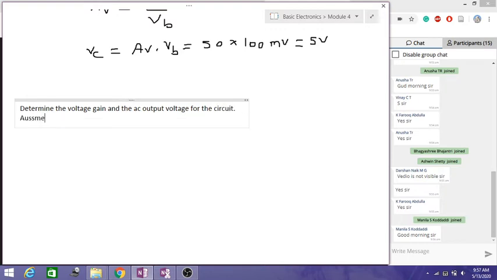Assume that RE dash is equal to 500 ohms. So RE dash is nothing but the internal resistance across the emitter. So that is the RE dash. So this is our second example here.